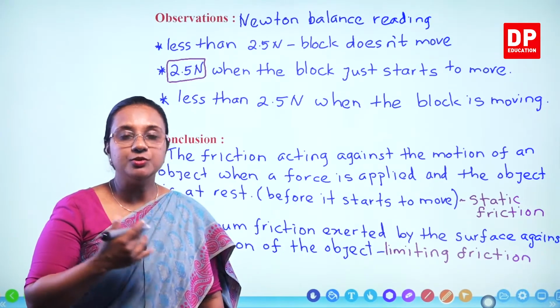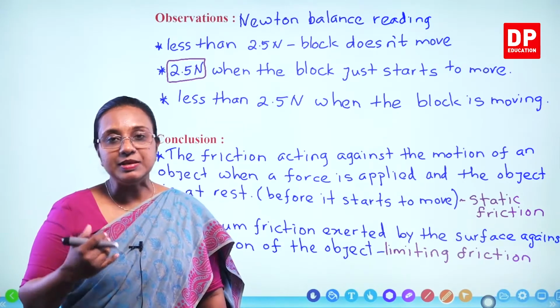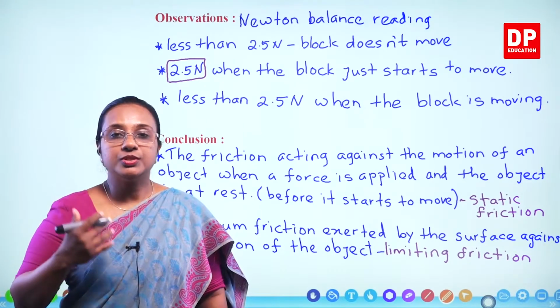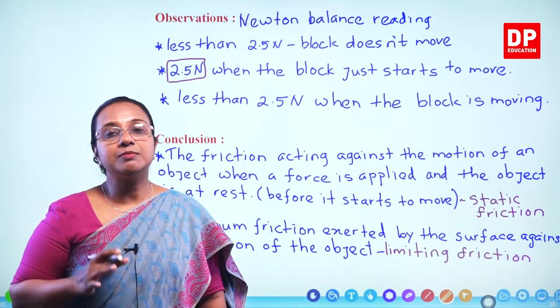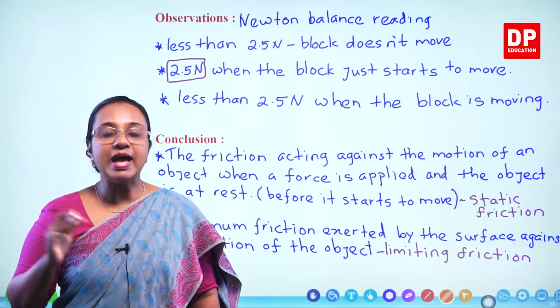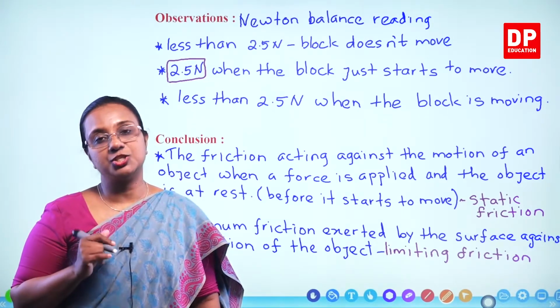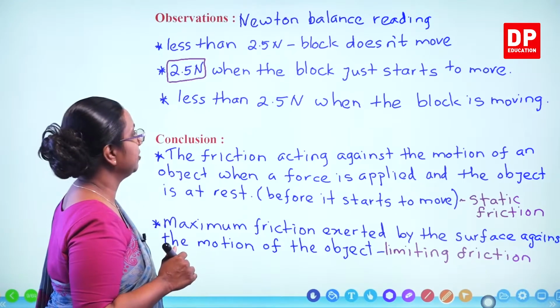But when we do the activity, it is difficult to measure the limiting frictional force. So therefore, approximately, we take the Newton balance reading when the block just starts to move as the limiting frictional force. So here it is 2.5 Newton.